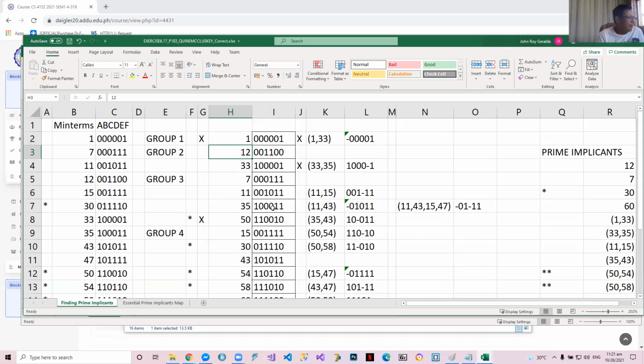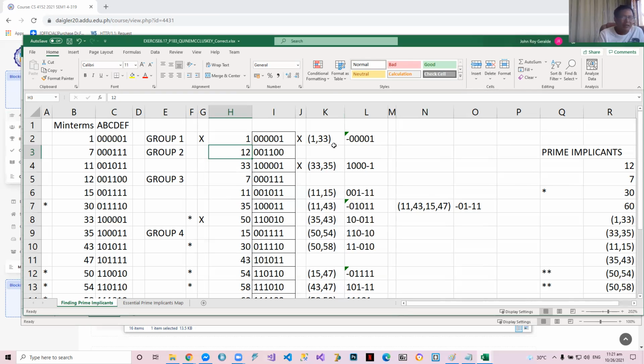How about 12 and 35? They differ in the first, and in the third and fourth, so cannot be. And finally, 12 and 50 cannot be because they differ in a lot of positions. So we cannot match 12 with anything.